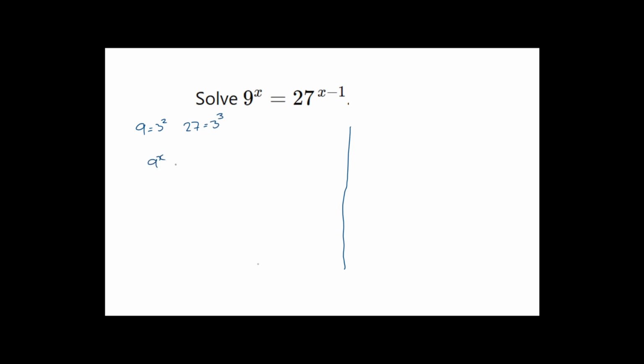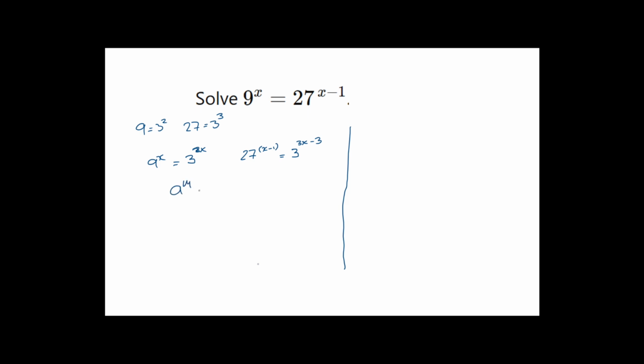So 9 to the power of x is going to be equal to 3 to the power of 2x, and 27 to the power of x minus 1 is going to be equal to 3 to the power of 3x minus 3, and now they both have the same base.